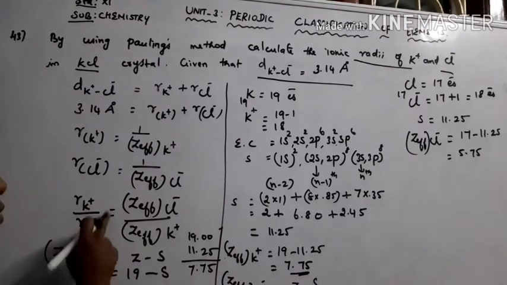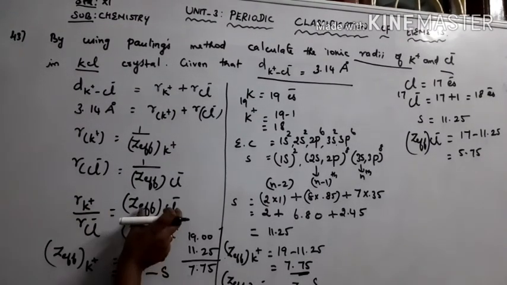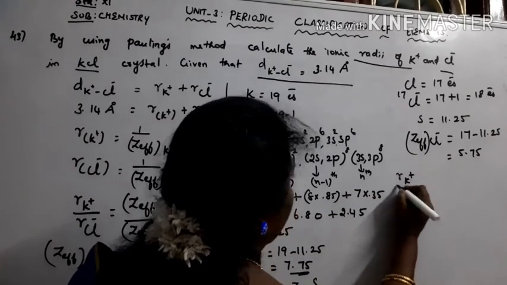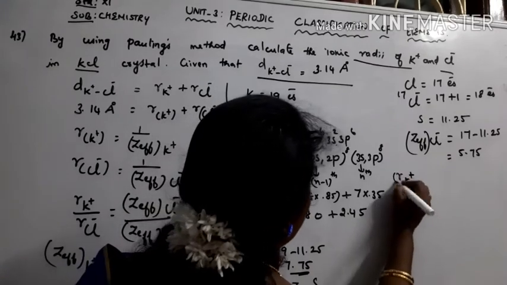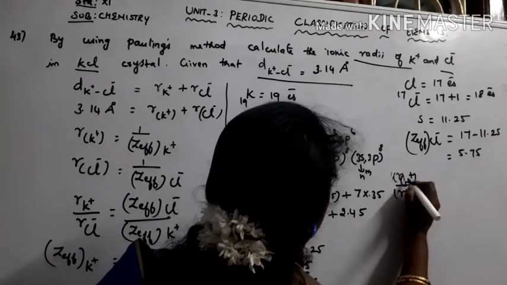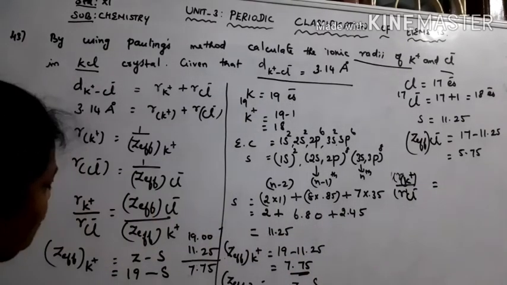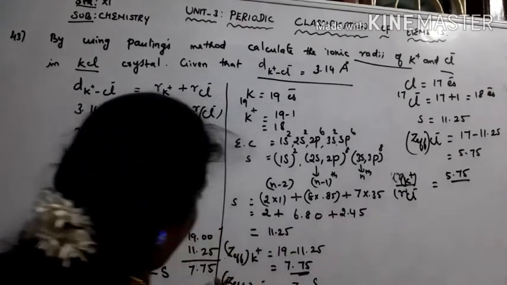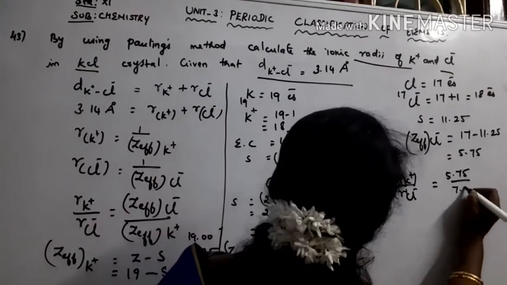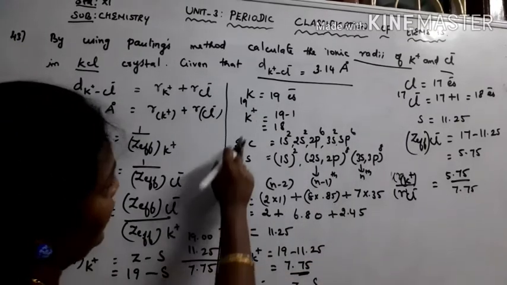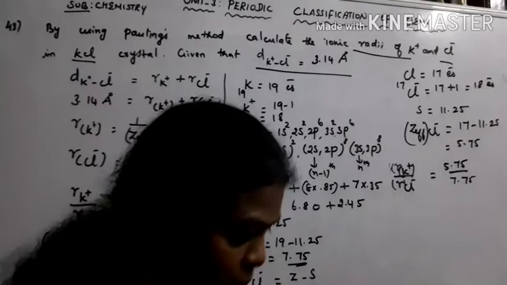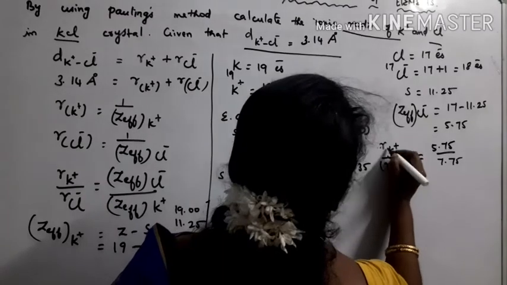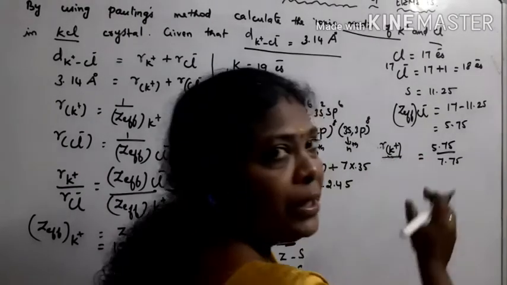So let us consider these steps now. When we substitute the values of effective nuclear charge of Cl minus as well as K plus, the radius of K plus by radius of Cl minus ion is equal to the effective nuclear charge for chlorine, 5.75, divided by the effective nuclear charge for K plus, which is 7.75.